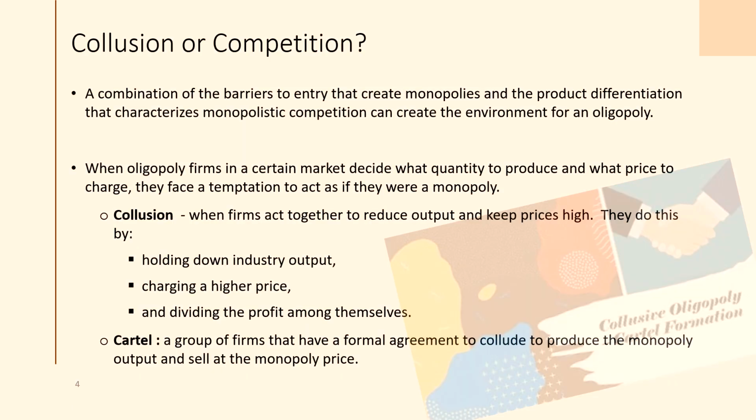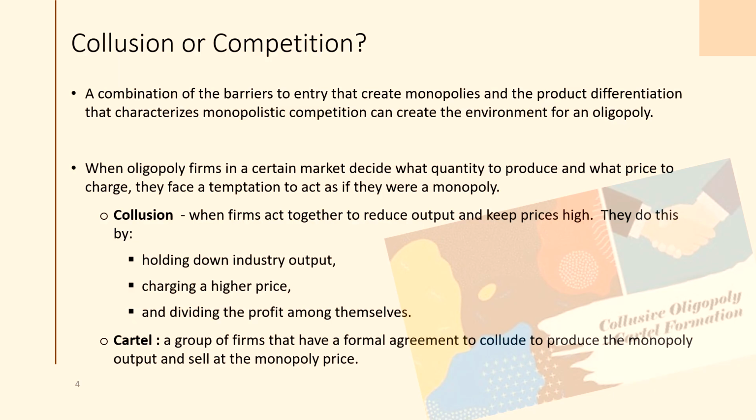Now let's look at the key terms in oligopoly. Because oligopoly combines barriers to entry with a small number of firms, firms may be tempted to cooperate rather than compete. This leads to the concept of collusion. Collusion occurs when firms act together to reduce output and keep prices high. They do this by limiting industry production, charging higher prices, and sharing the profit created by those high prices.